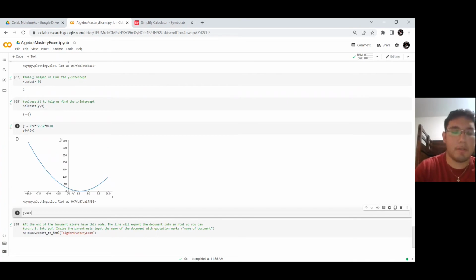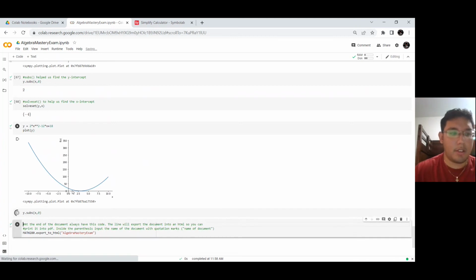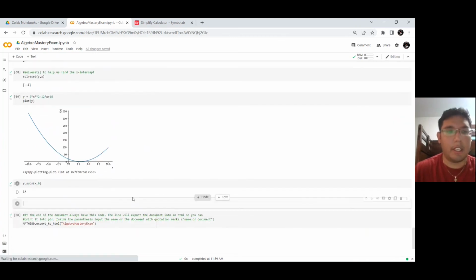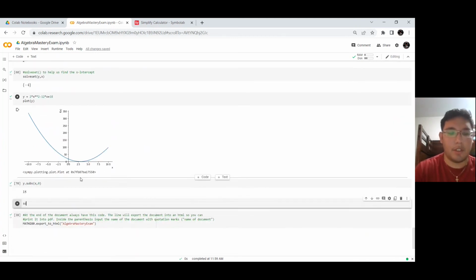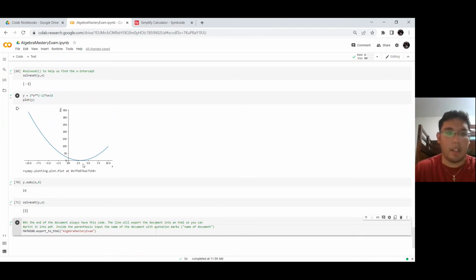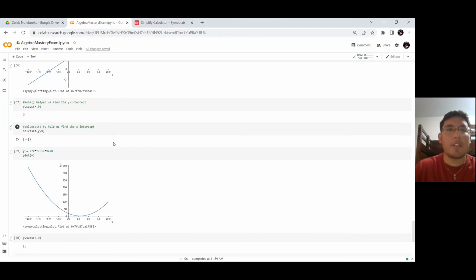So y.subs(x, 0) versus finding the x-intercept, which is just solveset(y, x), and which is about 3. So yeah.